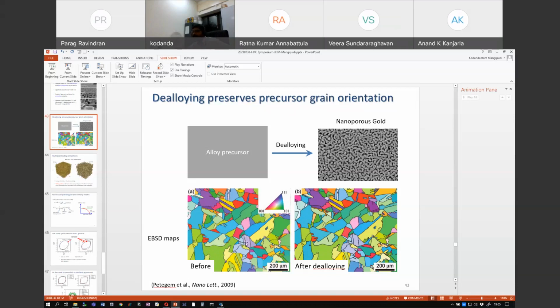This is an EBSD map which shows the crystallographic orientations in these regions. So here we can see that the orientation has not changed; it has remained. It is a very interesting behavior. It is as if we are simply removing the silver atoms out of the crystalline lattice.